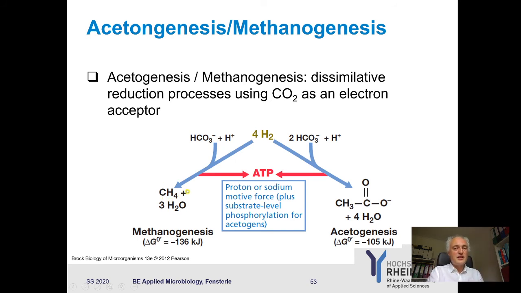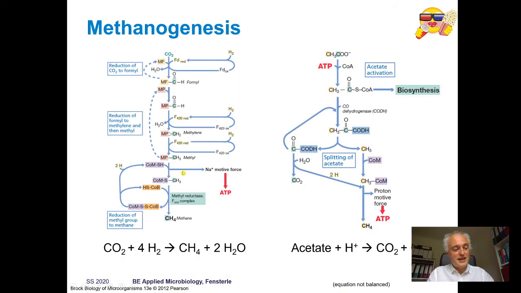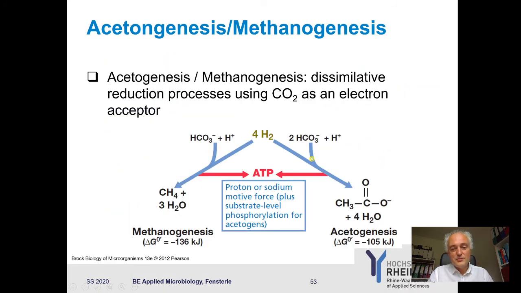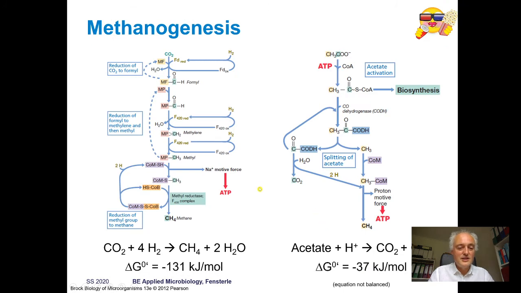So we use carbon dioxide as an electron acceptor, and we can produce quite a bit of energy here. And we can do the same if, instead of methane, we produce acetate. Usually we can produce approximately the same amount of energy here.